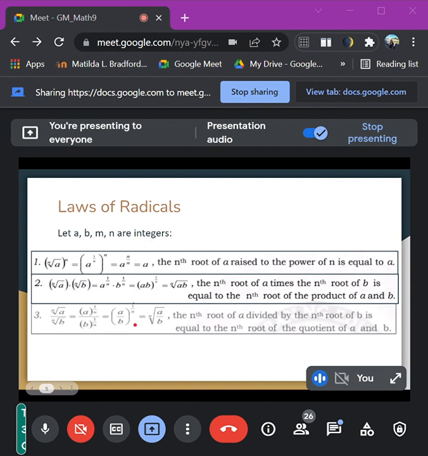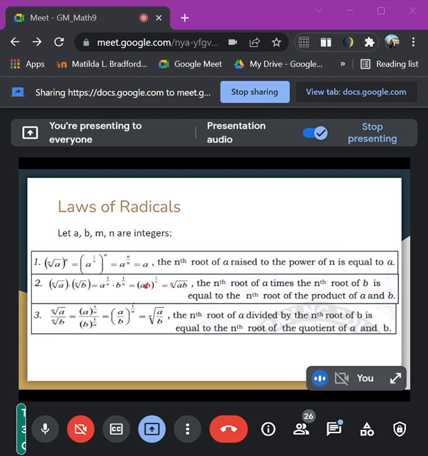And now, for the third law, we have there nth root of a over nth root of b. So change lang sa gihapon nimo siya into exponential. You have there a raised to 1 over n and b raised to 1 over n. So you can also simply write a over b, and then quantity raised to 1 over n.